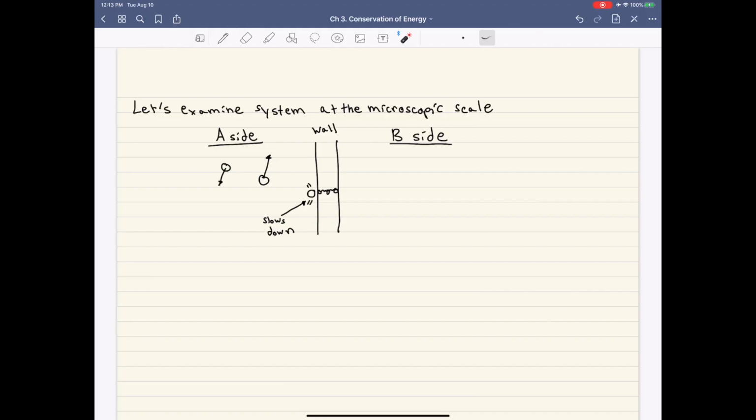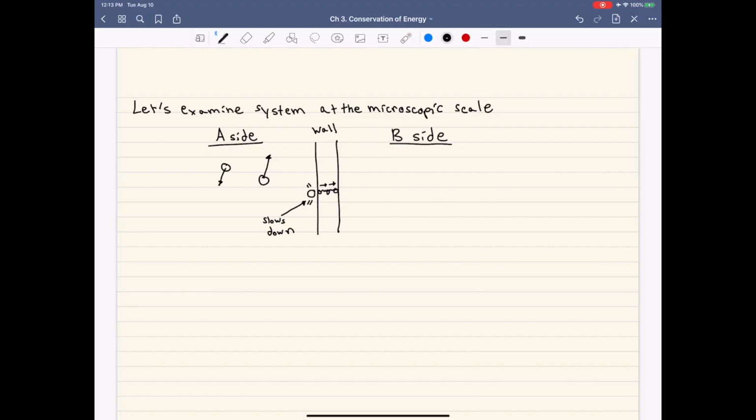And the energy transfer starts on this end of the wall, and it's slowly transferred to the right side of the wall. This part starts vibrating faster than the right-hand side, but eventually the entire wall will start vibrating at that same speed. And so what's happening here is the energy is being transferred through the wall.